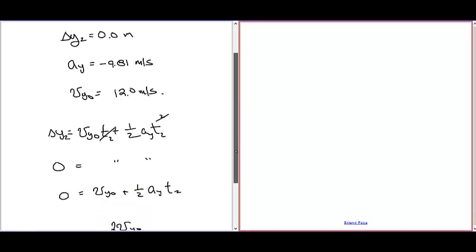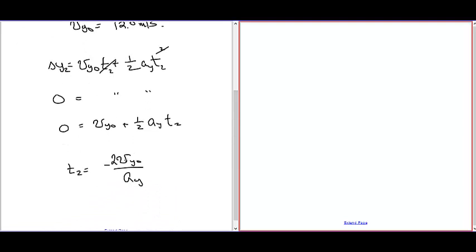So what do I have here? I have negative 2 v0y over a sub y. So it's going to be twice as much. So we get T2 is equal to negative 2 v0y, which is plus 12 meters per second, divided by negative 9.81 meters per second squared.